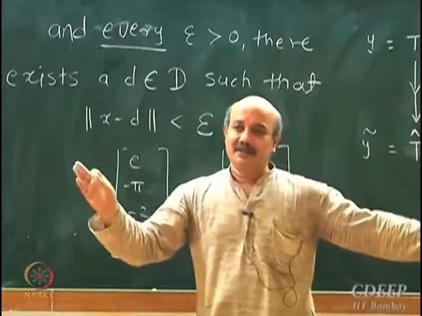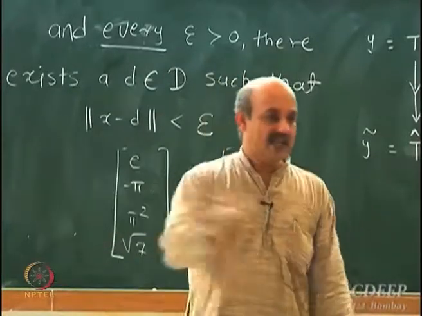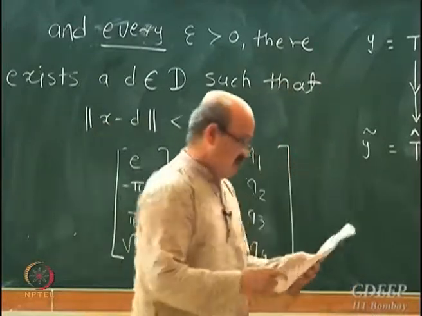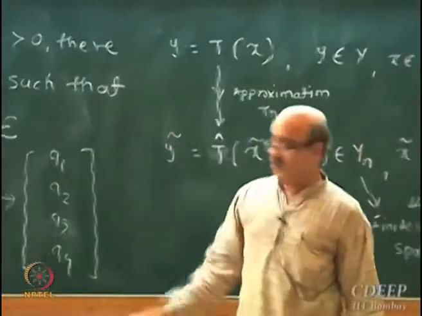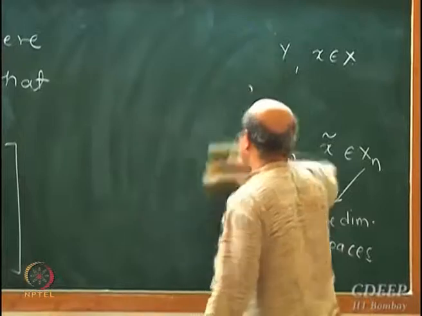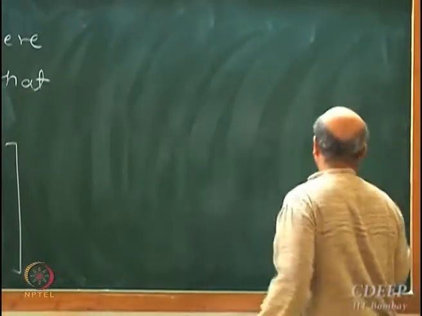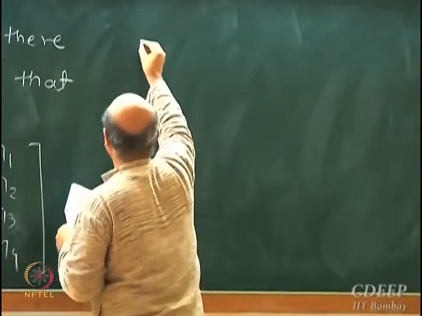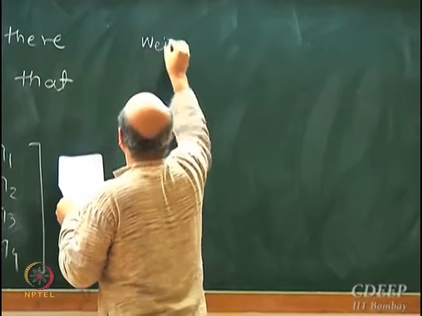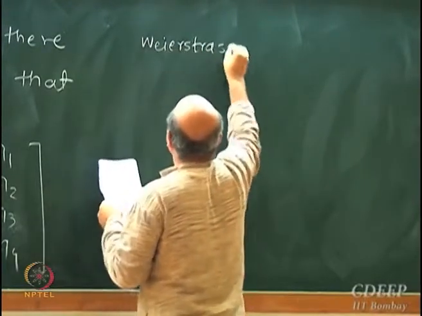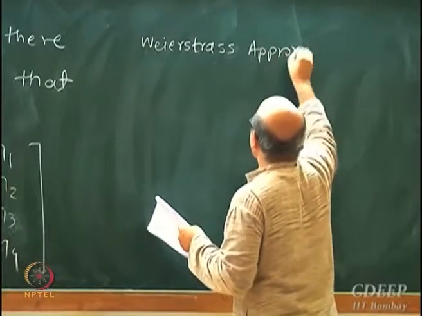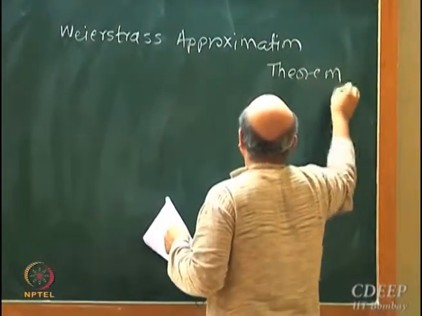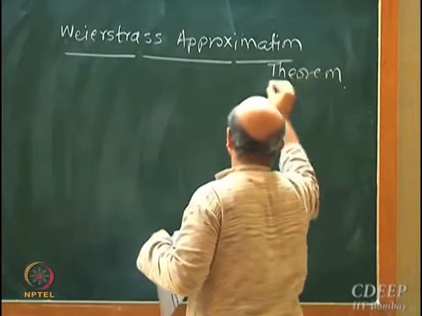You can approximate any continuous function by a polynomial. This was a landmark theorem given by the German mathematician Weierstrass, I think somewhere in the 1850s or 1860s. This is a celebrated, well-known result.